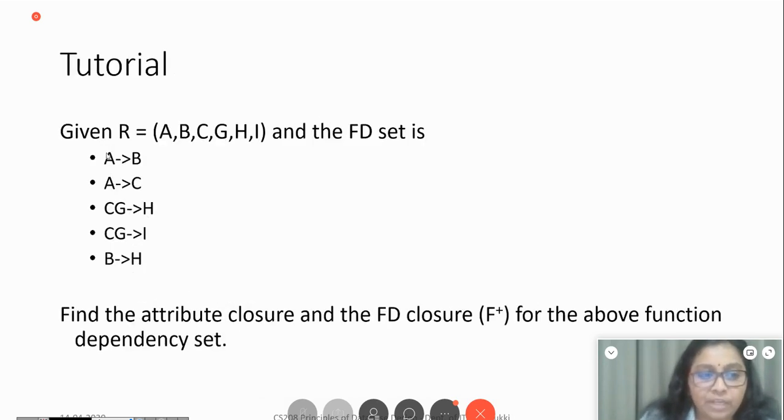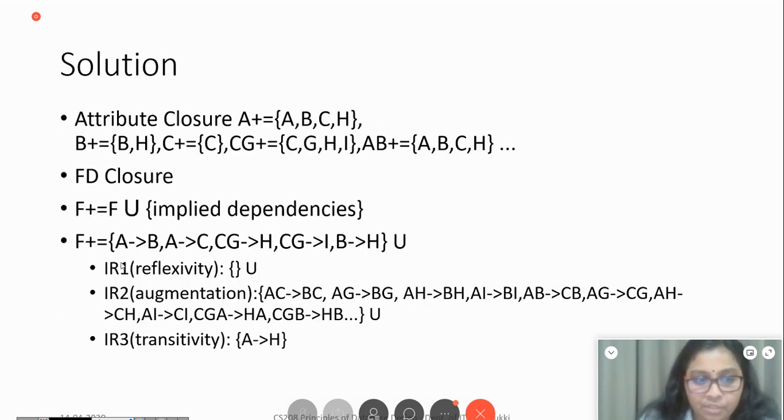How many FDs did it have? 1, 2, 3, 4, and 5, isn't it? So I take these 5 FDs in the union. And we know that in order to create a complete FD set, the first 3 axioms of inference rules are enough, isn't it? That's why they are known as Armstrong's axioms.